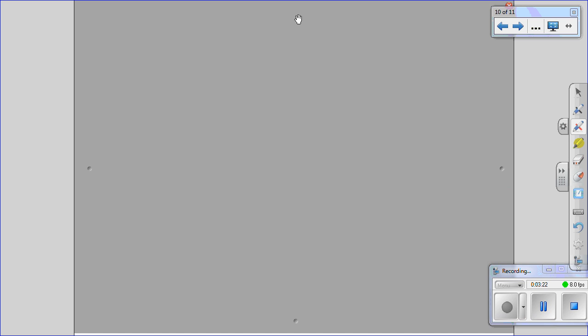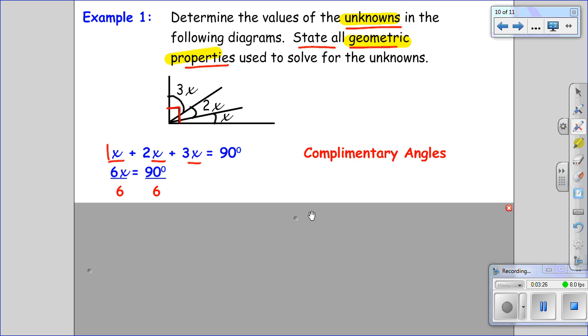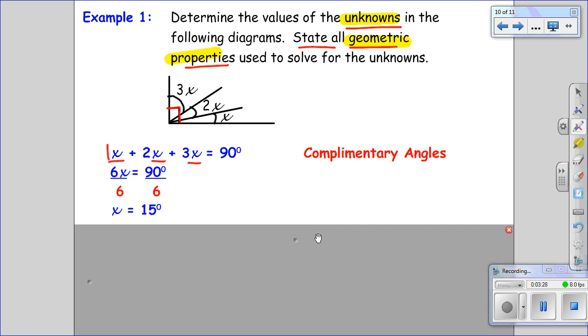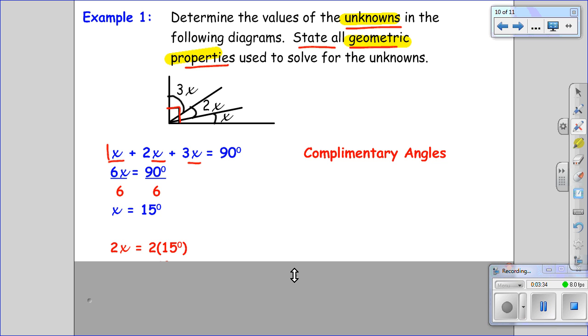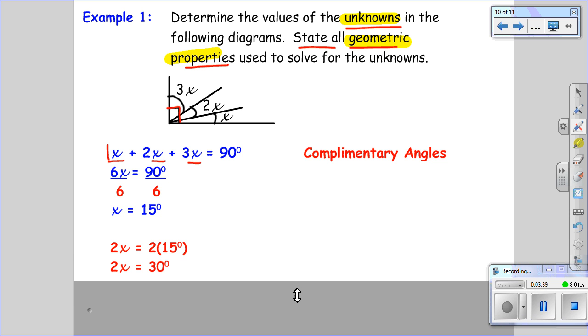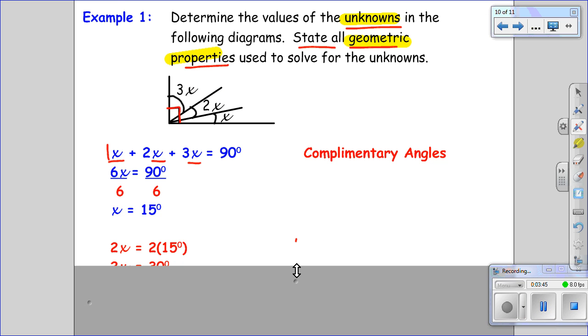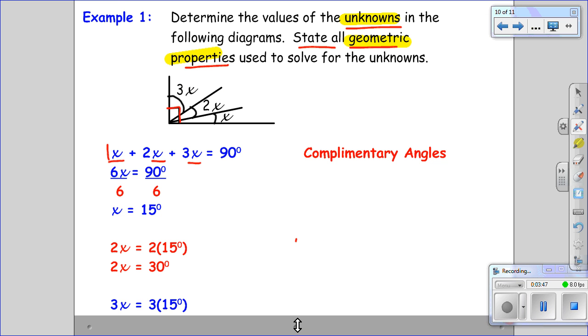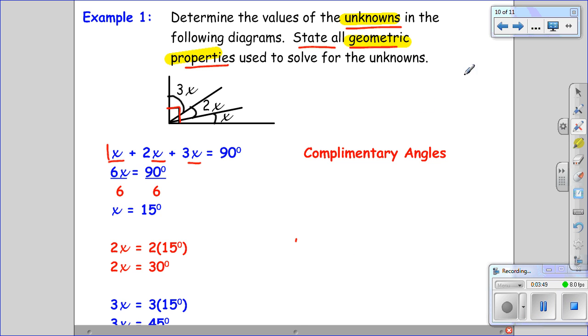So I end up with 6x equals 90, and I have to divide both sides by 6, and I end up with x is 15. Now, not only am I solving for the unknowns, I'm looking for the missing angles too. So to solve for 2x, I have to multiply it by 15, and that angle has a value of 30 degrees. And the third angle is 3x, so when I multiply it by 15, its value is 45 degrees.